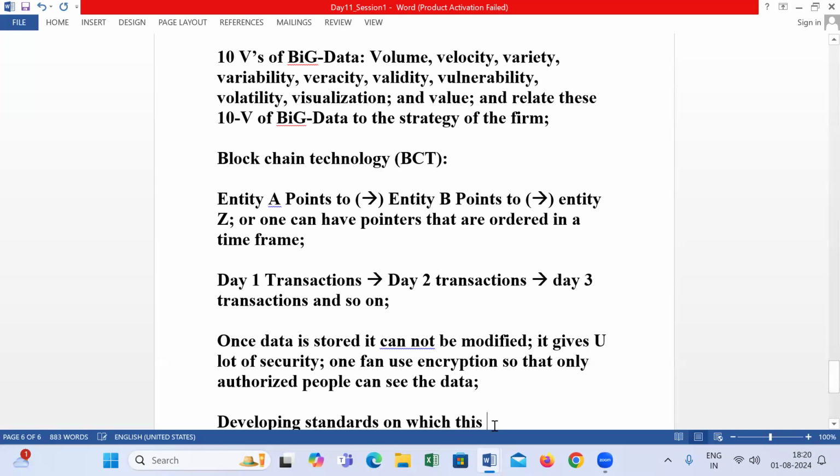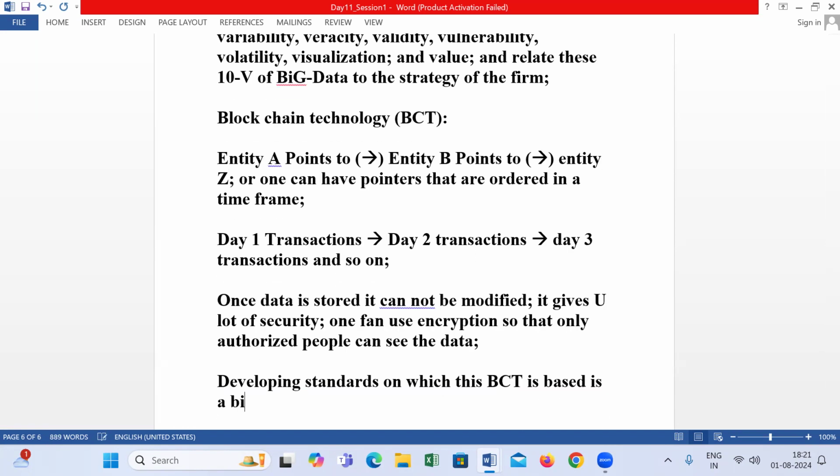Developing standards on which this BCT is based is a big issue. We'll relate this blockchain technology also to the strategy of organization.